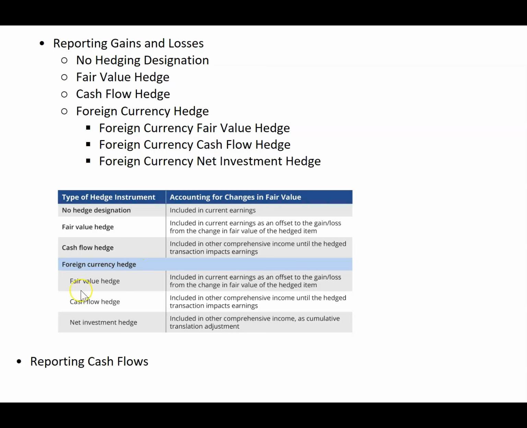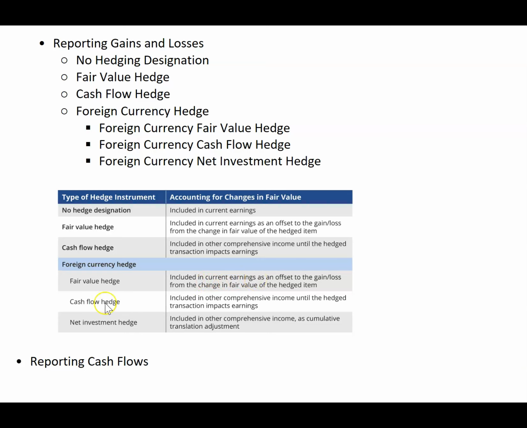The same thing may happen for foreign currency hedge, although we didn't see an example. But remember, for foreign currency hedge, there might be three types of hedging. One is fair value hedge, another is cash flow hedge, another is net investment hedge. For fair value hedge, any gain or loss you have to include in your income statement.